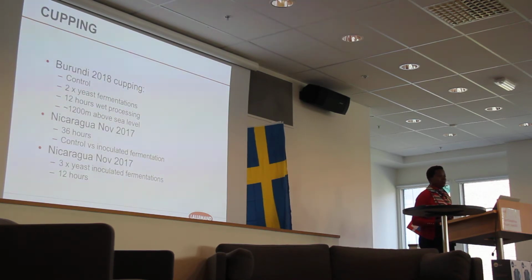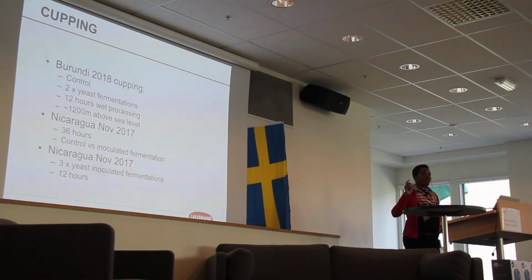I don't know if anyone has further questions. How much yeast do you need to use to overwhelm the indigenous population? So 1 gram of yeast gives you 10 to the 7 cells. We say inoculate 1 gram of yeast into a kg of pulped cherry.